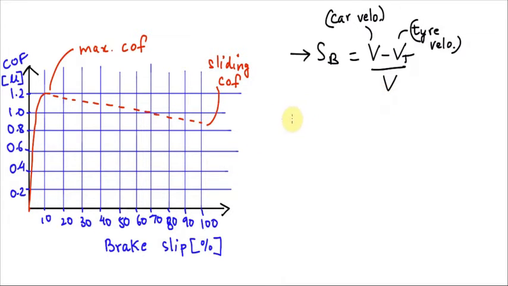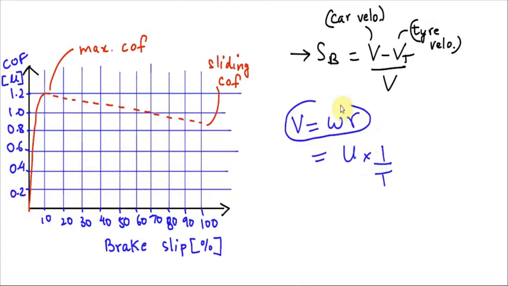We know that tire velocity can be v equals omega r, or in other words, we can say that it is the circumference, let's say denoted by u, into 1 divided by t, that is the time taken. But to make things simple, we'll just consider this formula, because the radius of the tire plays an important role over here.